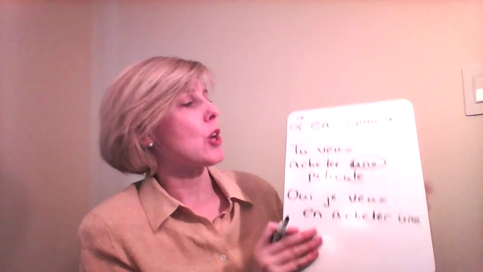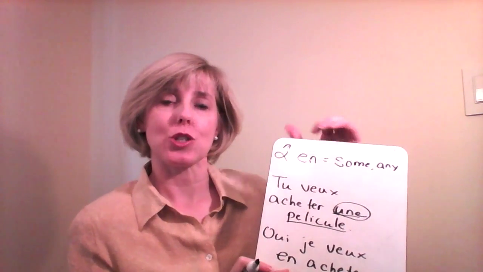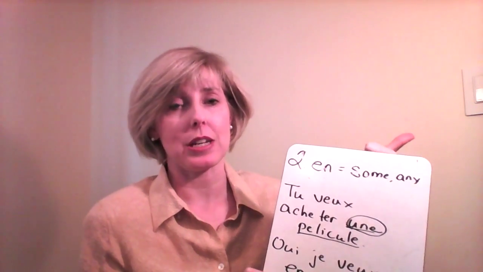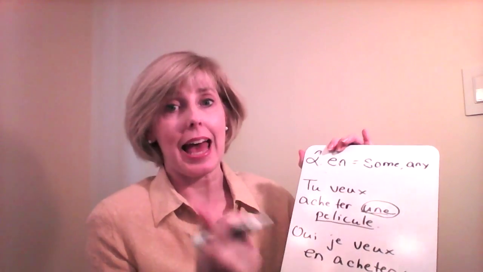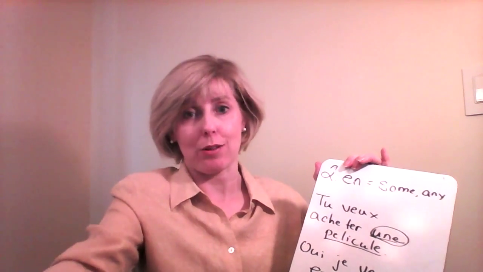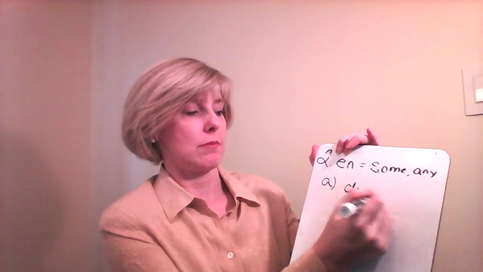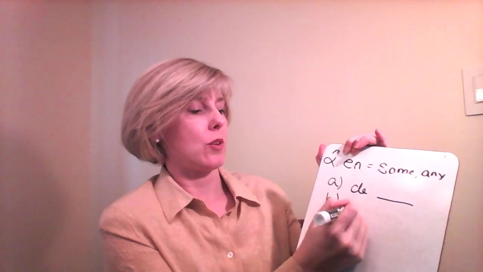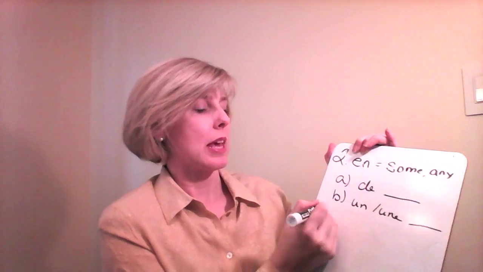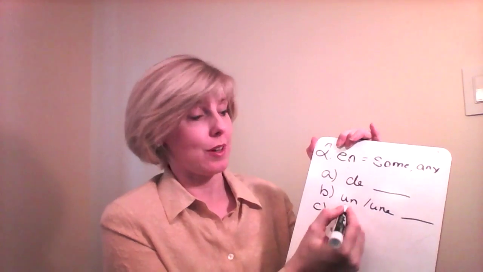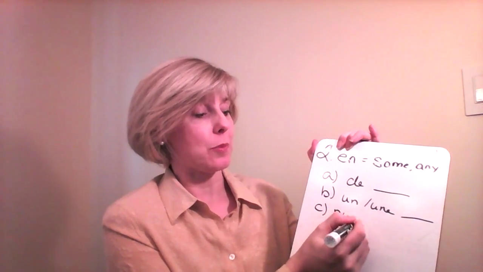Okay, so we use en to replace de plus nouns or infinitives. We use en to replace un or une plus nouns. So A, de; B, un or une plus a noun. And then C, actually any number. Un and une is a number, but really any number.